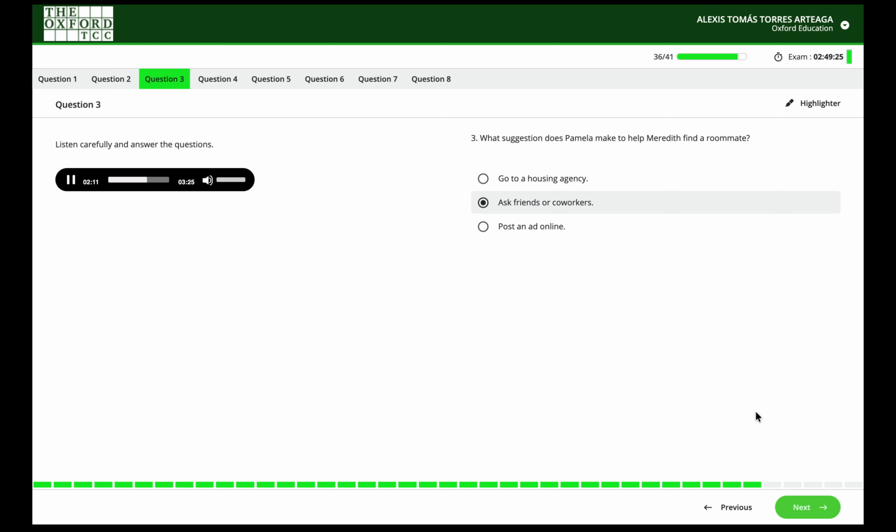I have, but I'm a bit hesitant about living with someone I don't know. I get that. It's important to find someone compatible. Maybe you should ask around among your friends or colleagues to see if anyone is also looking for a roommate. That's a good idea. I'll give it a try.